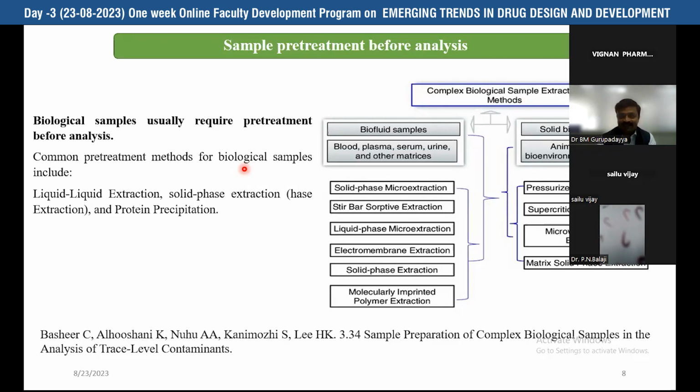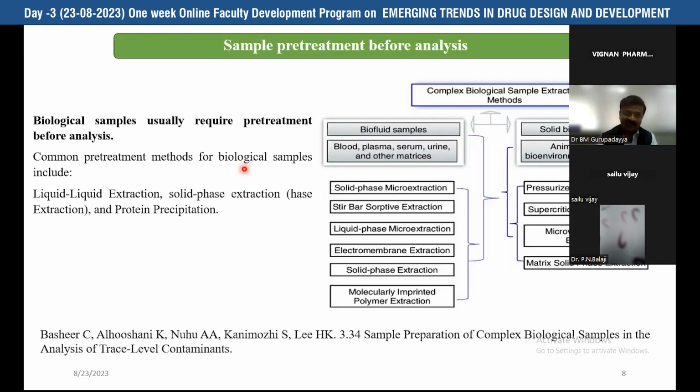I hope you understand this particular stage. The sample treatments here are different from the sample treatments for drug molecules alone, because we are talking about bioanalysis, where the drug molecules are in the biological fluid. When the drugs are in the biological fluid, pre-treatment is required; later it is available for quantification of the drug by any analytical technique.